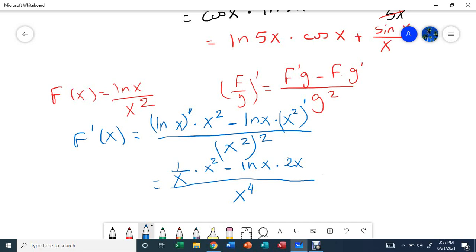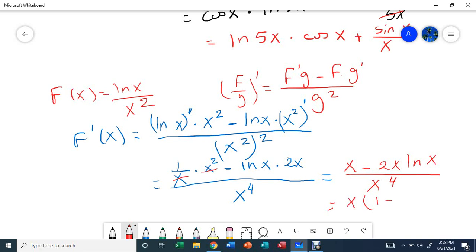And now let's simplify a little bit. So we can see here x squared over x leaves just one x, minus 2x ln of x, over x to the 4th. And now you can factor out an x.